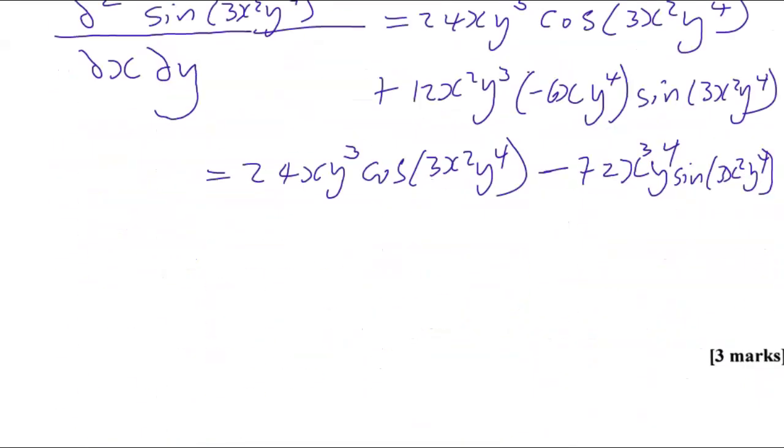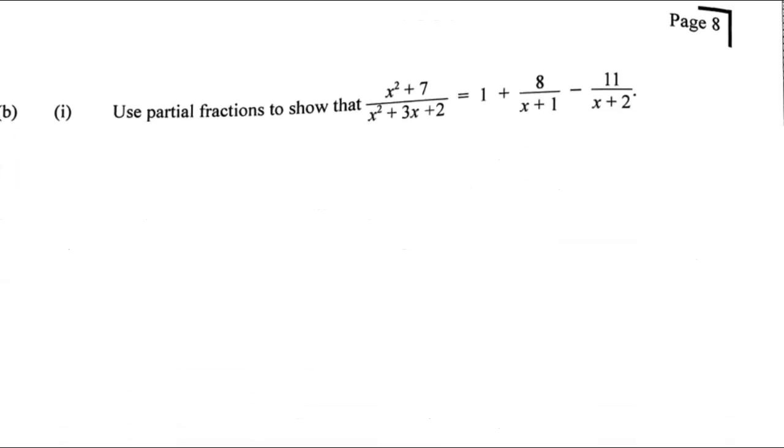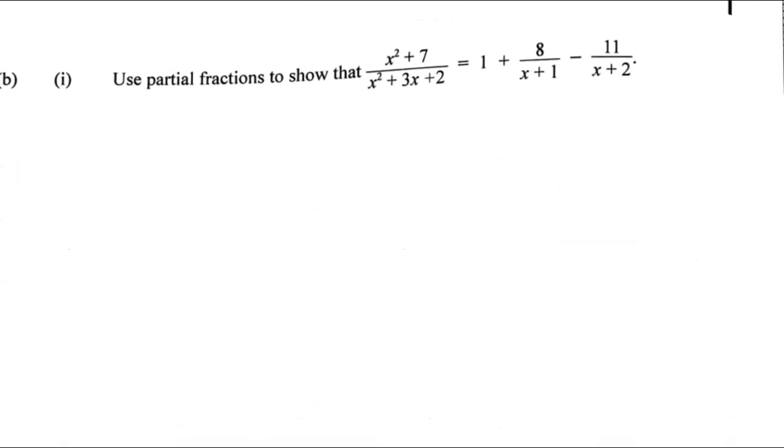Now let's move on. Use partial fractions to show that x squared plus 7 over x squared plus 3x plus 2 equals 1 plus a over x plus 1 plus b over x plus 2. Since x squared over itself is 1, we'll have 1 outside here, and then the factors.